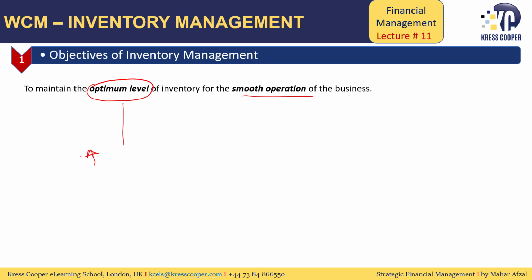If we are maintaining inventory less than the optimum level, cost will be higher. So there will be one point in between the maximum and minimum inventory levels, which is called the optimum level, and we need to maintain the inventory at that level, and that level will minimize our cost. We will be required to ascertain that level while managing the inventory.